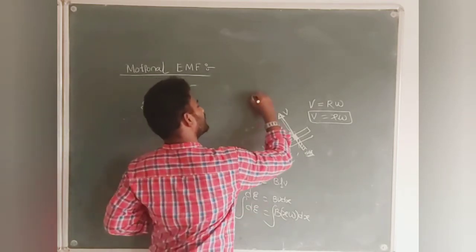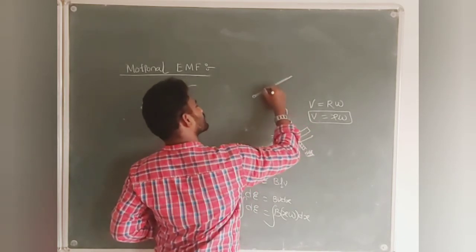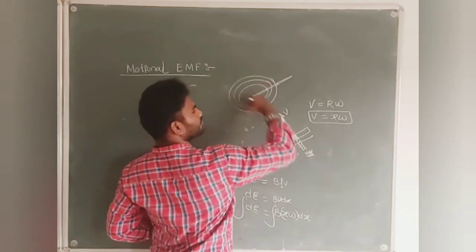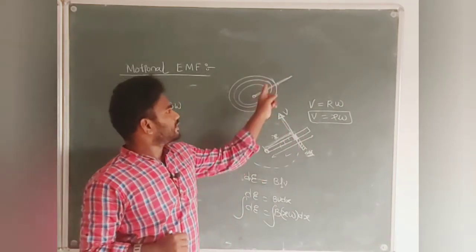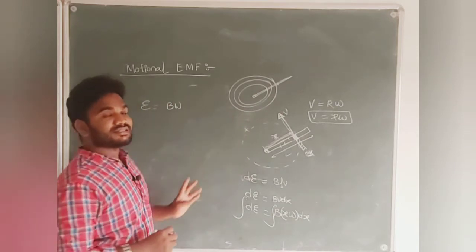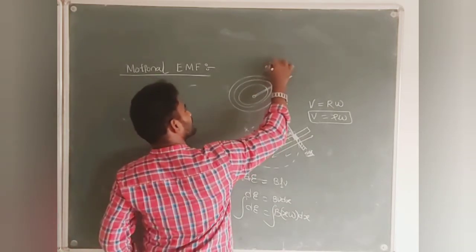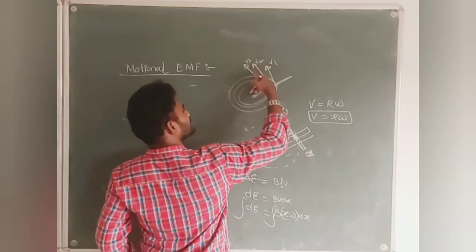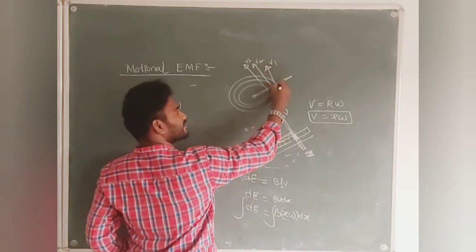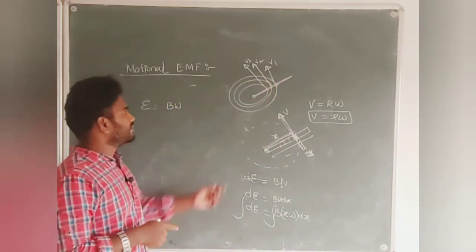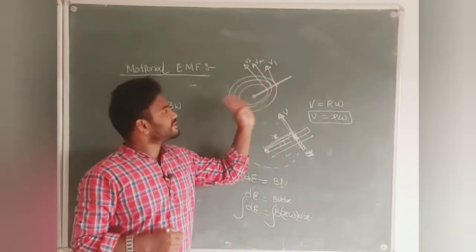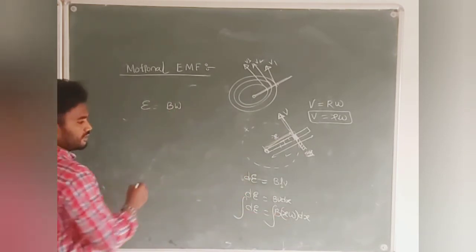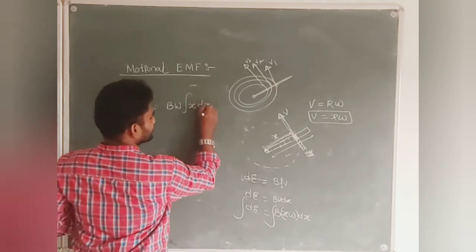When any rod starts to move in circular motion, this tip is moving, this tip is moving, wherever the point is, omega is constant. But the tangential velocity will change. This tangential velocity v1, this v2, this v3, so these are different. V1 is greater, because the radius is more. Whose radius is more, that V value is more. But omega is constant everywhere. That's why I take omega outside. So now x dx we can write inside, students.